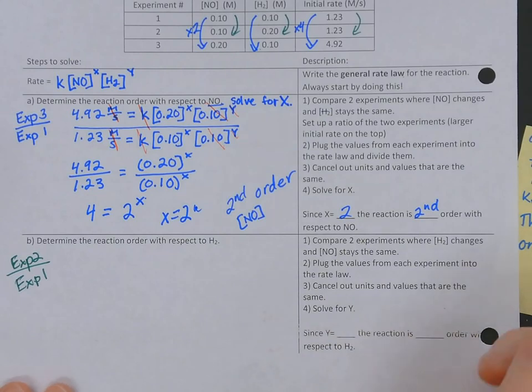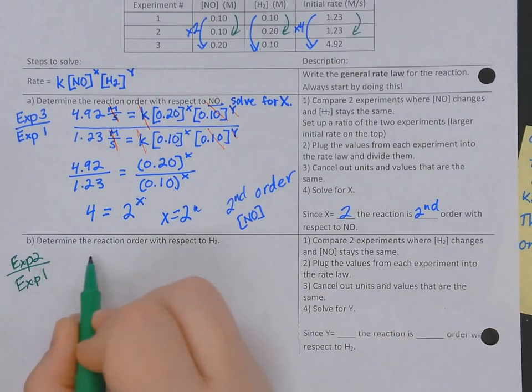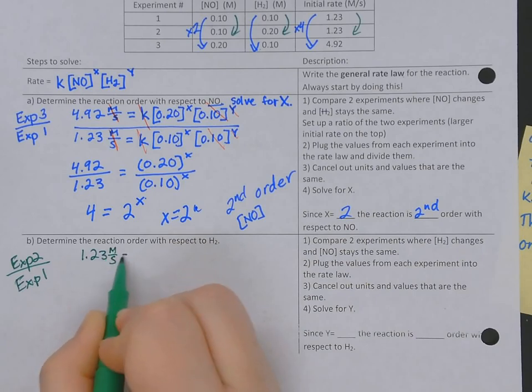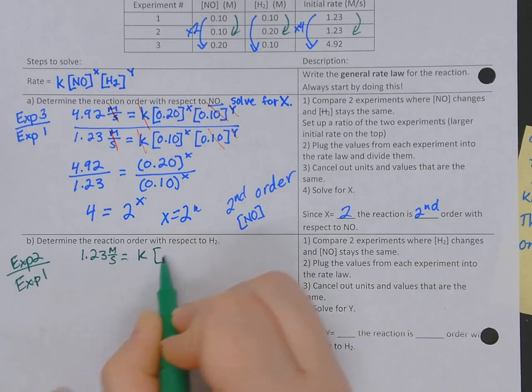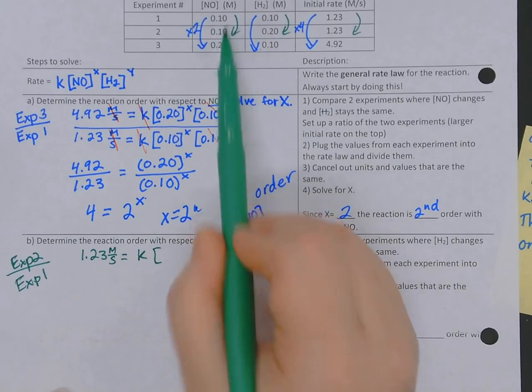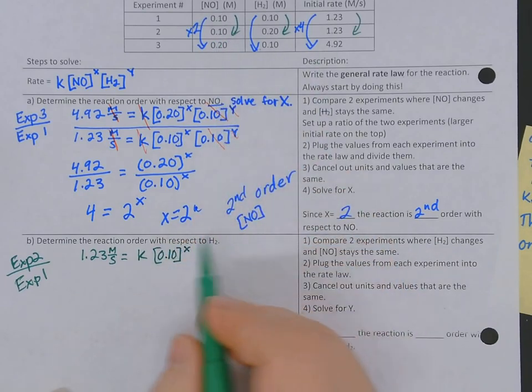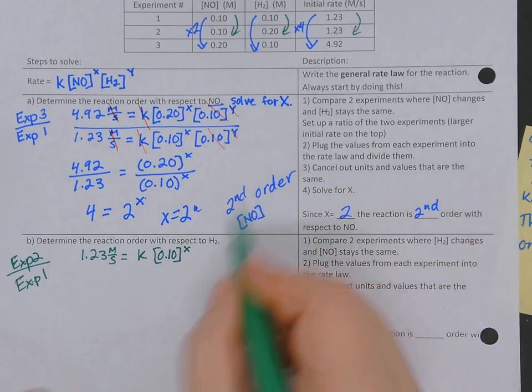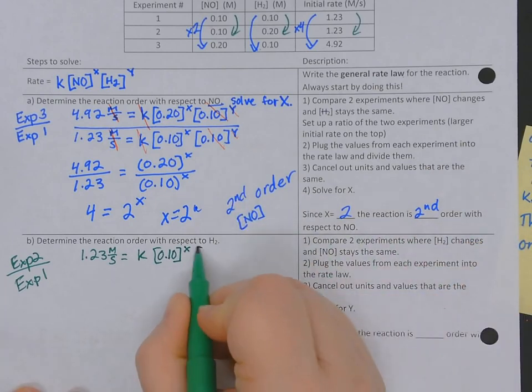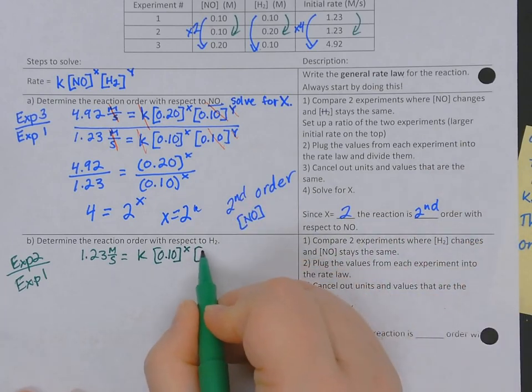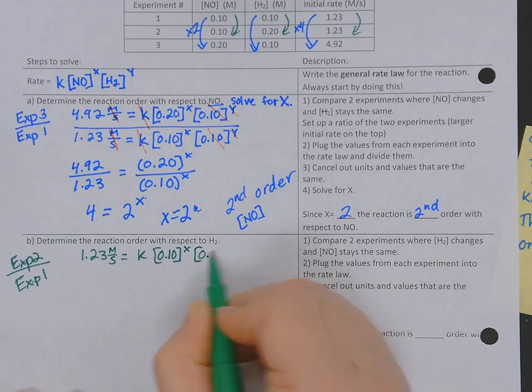So we've got experiment 2, its rate is 1.23 molarity per second. Rate equals K times the concentration of NO. Those are going to be 0.1 for both. And you can still put X, or you could put that it's a 2 now that we've solved for X. Either one, it will end up canceling, so that's helpful.